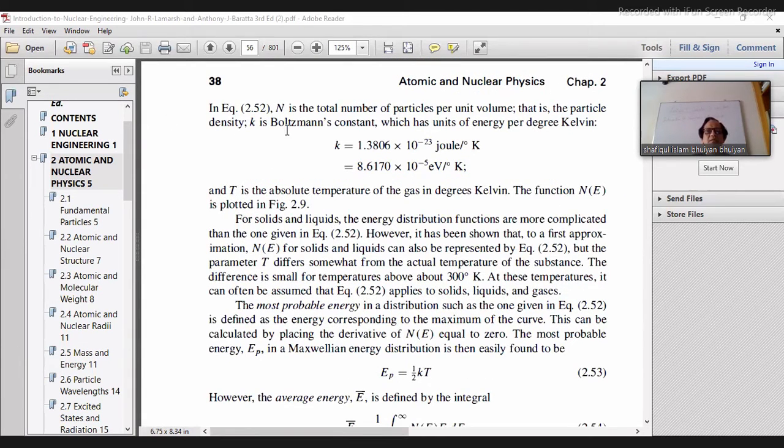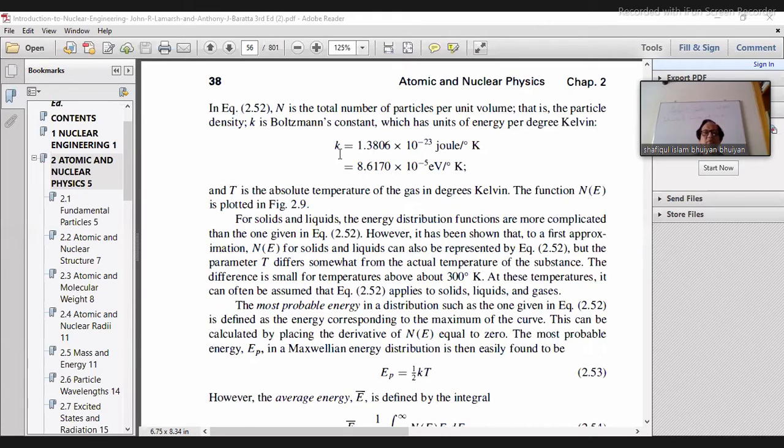Here in this equation, n is the number of particles per unit volume, which I already said, the particle density. k is the Boltzmann constant, which has the unit of energy per degree Kelvin. This is always in Kelvin, so the unit is joule, or if you put it in eV, it will be 8.06 times 10 to the minus 5 eV per degree Kelvin.